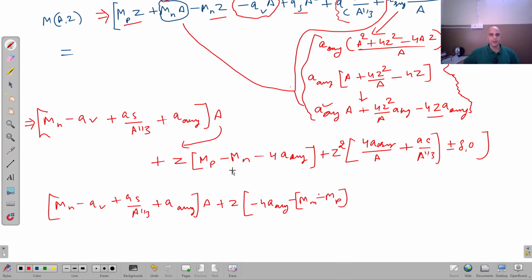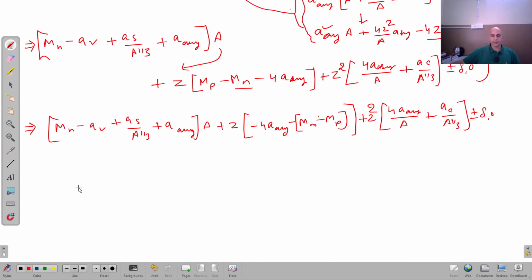I took it in this way because we know very well that the mass of neutron is higher than mass of proton, right. Then this bracket, then plus Z square bracket 4 A symmetry divided by A plus A Coulomb energy divided by A power 1 by 3 plus minus delta 0. Now this is the required expansion.